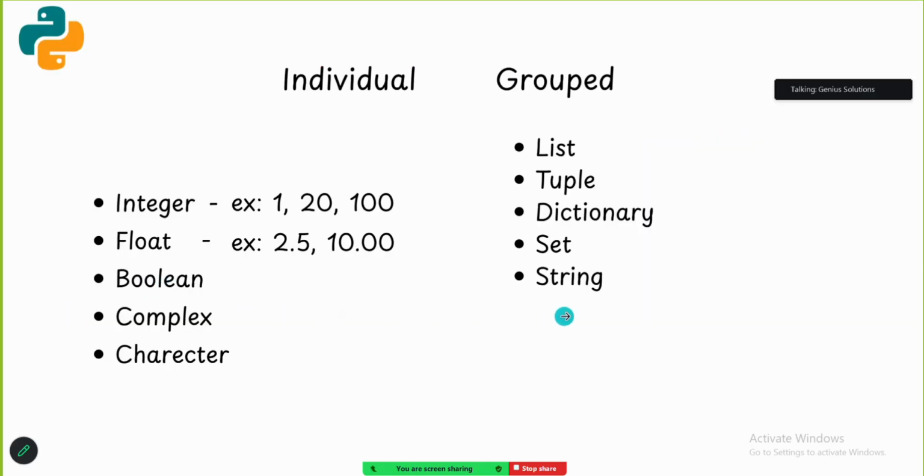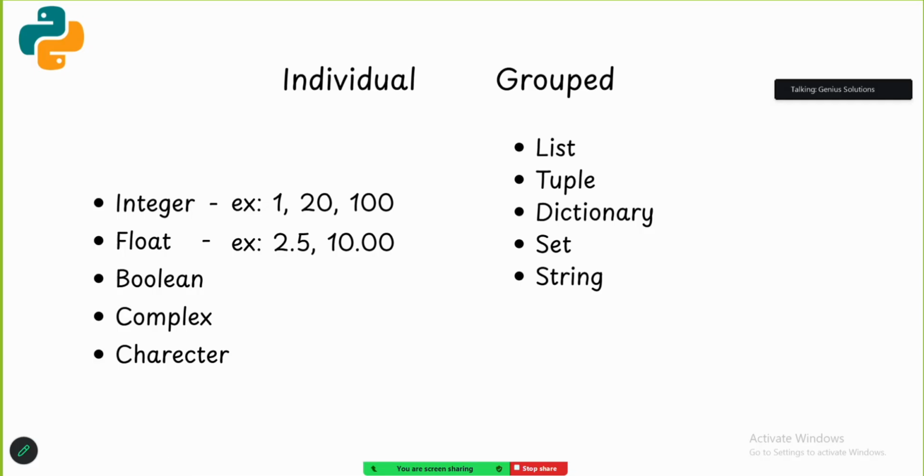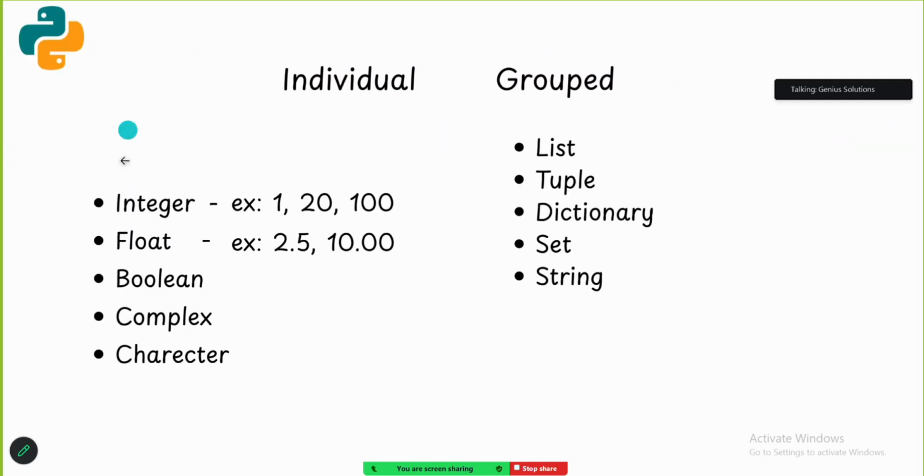Next, what is a Boolean type? Boolean type is nothing but either true or false. You have checked in keywords, right? We have keywords here. See here, true and false. These are the Boolean type values.